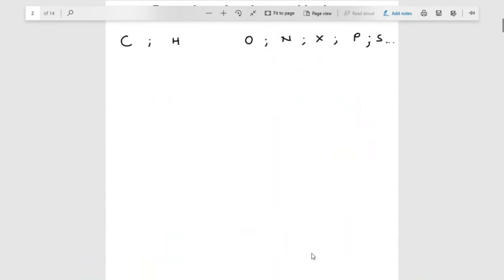But the compulsory presence is of carbon and hydrogen if it is an organic compound. So first we are going to deal with how to detect the presence of carbon and hydrogen in an unknown organic compound.